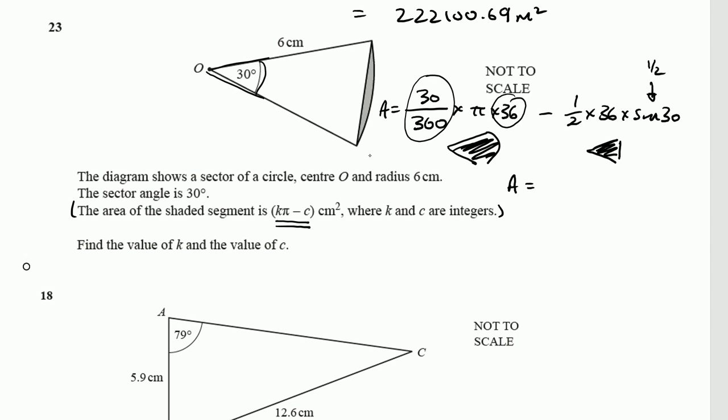That's 1/12 of 36 is 3 pi minus 1/2 of 36 is 18 and 1/2 of 18 is 9. 3 pi minus 9. Of course, you can use your calculator to help you with these calculations. The really important thing to do is not work with pi as a decimal, but to work with it as an exact value.